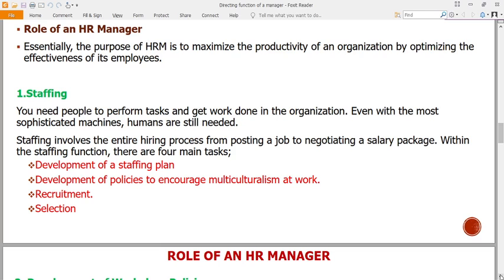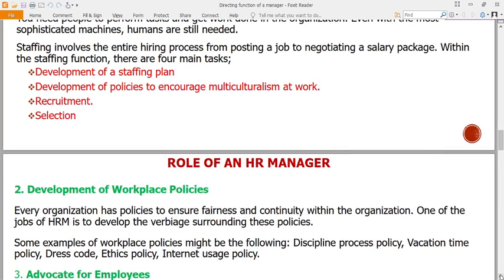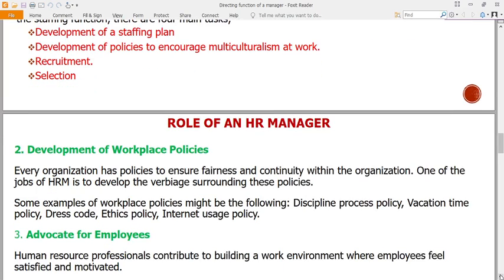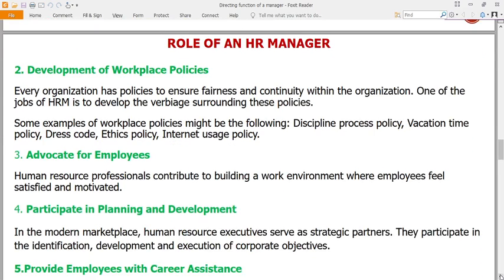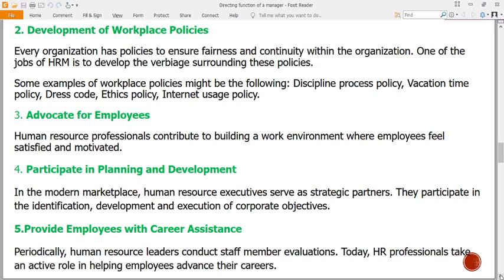coming up with policies, then recruiting the right employees and selecting who best suits the job or the vacancy, then development of workplace policies. Each organization has policies that ensure fairness and continuity within the organization.